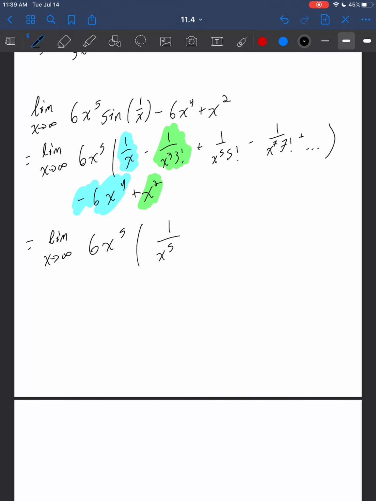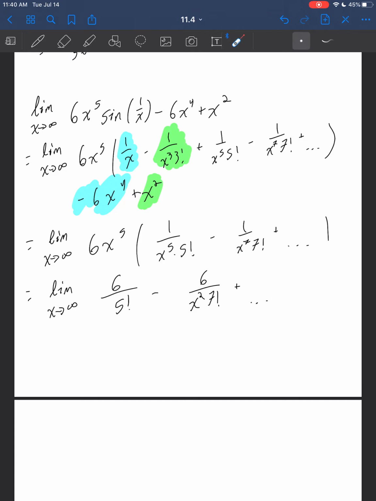of 1 over 5 factorial x to the fifth minus 1 over 7 factorial x to the seventh, and continuing off to infinity. Multiplying this through, this is the limit now as x approaches infinity of 6 over 5 factorial, because the x to the fifths will cancel, minus 6 over 7 factorial x squared, and so forth.